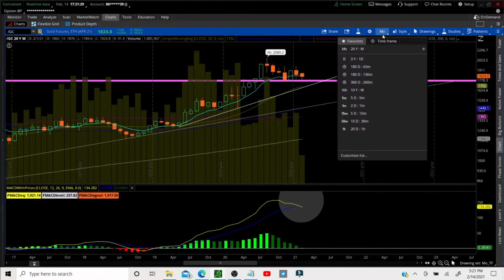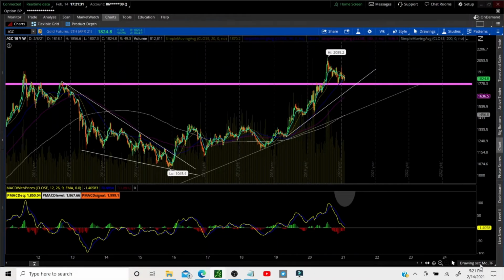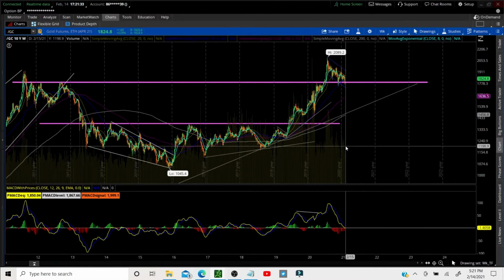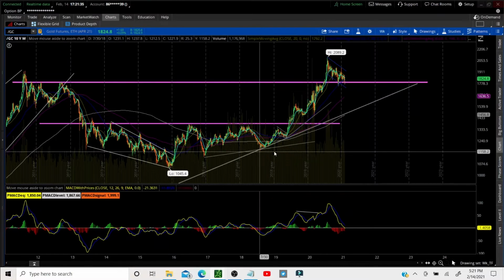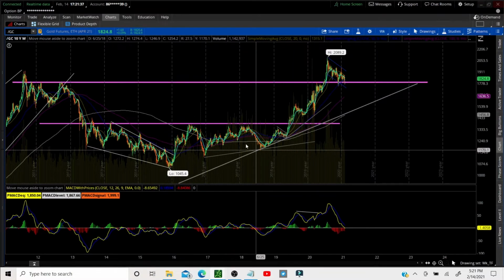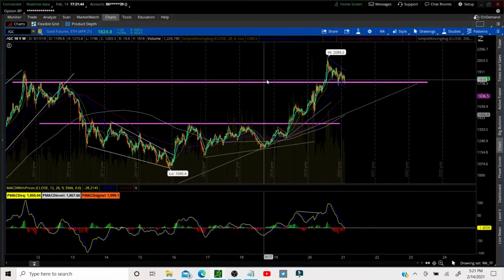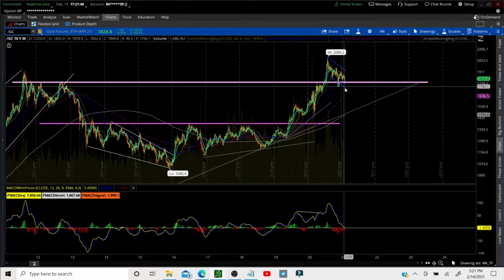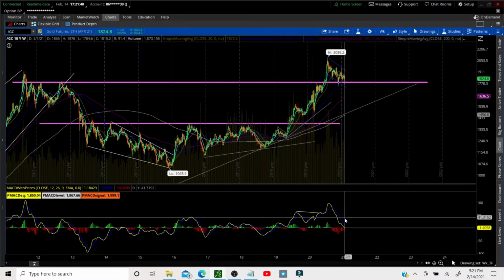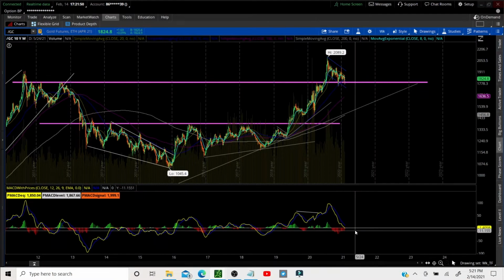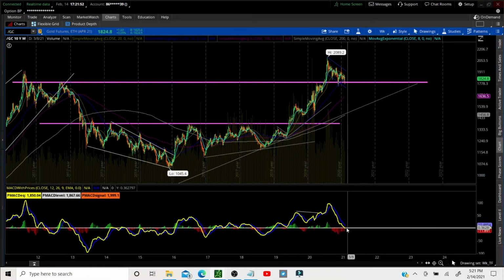Let's go on to the weekly. Looking at that weekly chart, you get a better view of the support. Let's look way over here. Back in 2012, 2013, we had resistance here, now support. The MACD is headed to the downside, but remember the zero line acts as support right here.